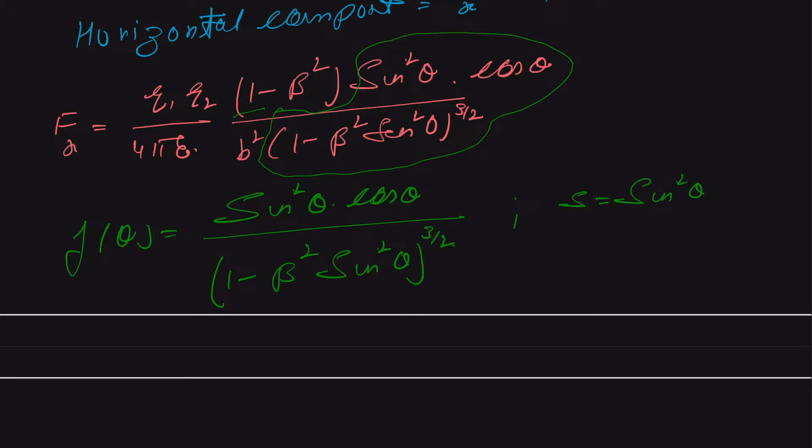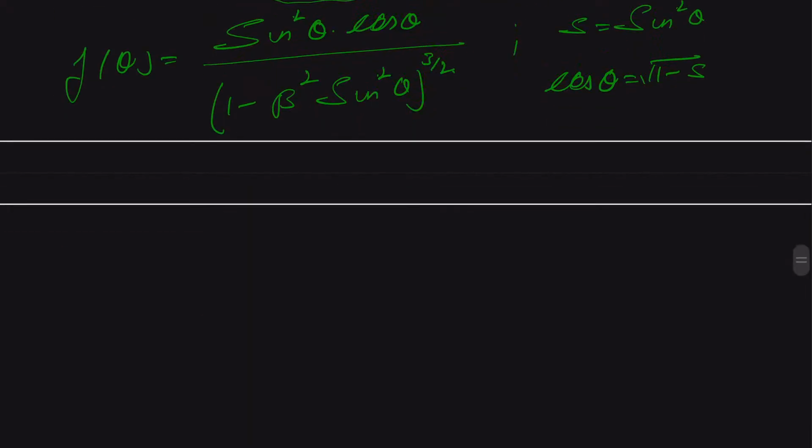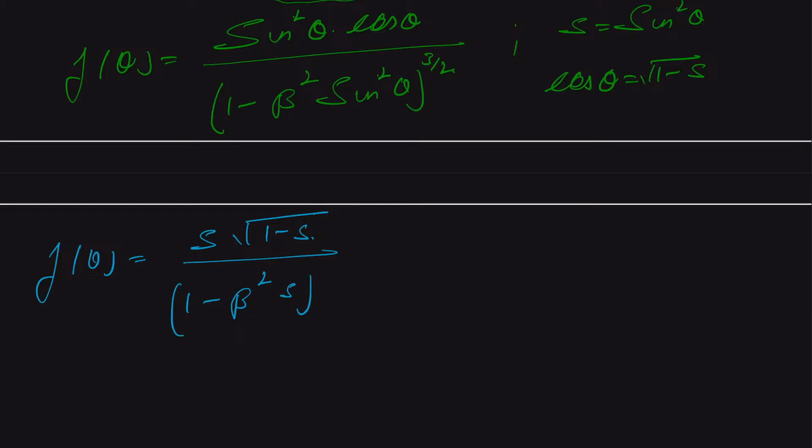Therefore, cos of theta will be equal to square root of 1 minus S. Therefore, we get that f of theta will be equal to S times square root of 1 minus S, over 1 minus beta square times S, raised to 3 by 2.